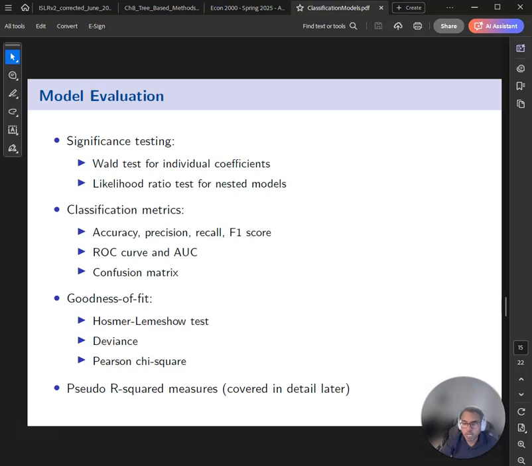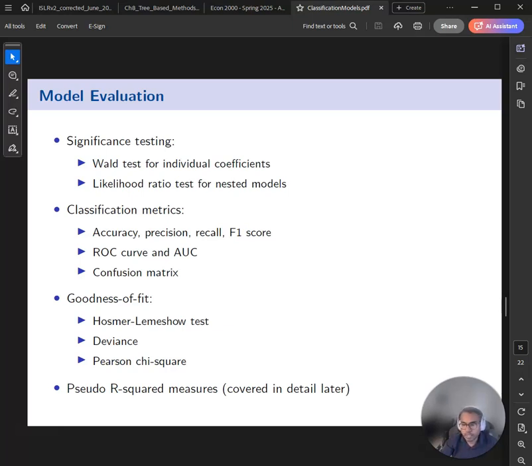We can also use an ROC curve and calculate the area under the ROC, which we call the AUC, to evaluate the model's discriminative ability across different threshold settings. And the confusion matrix gives us a comprehensive view of the true positives, true negatives, and false negatives.